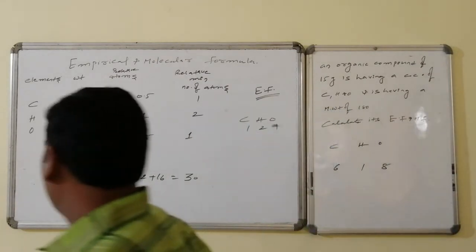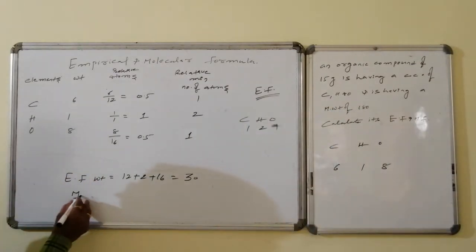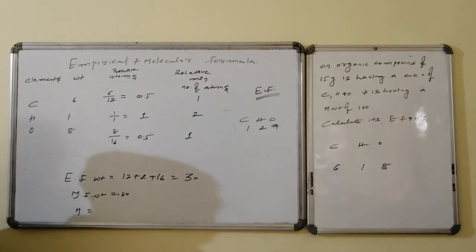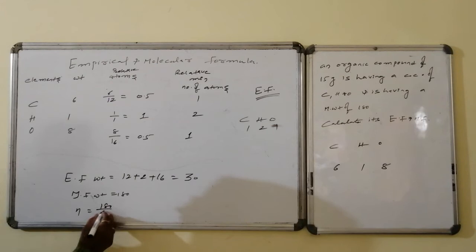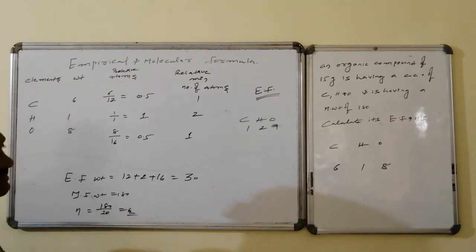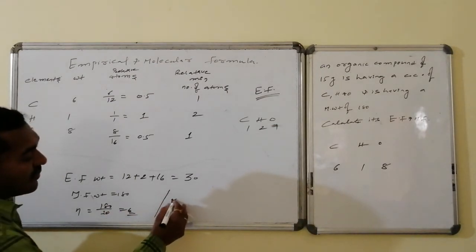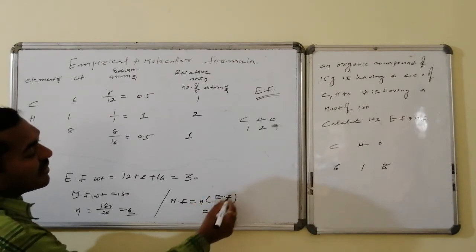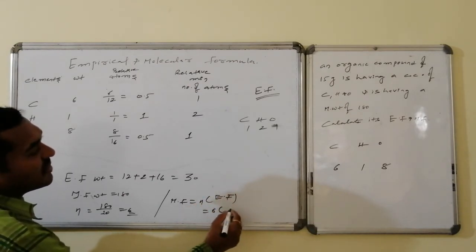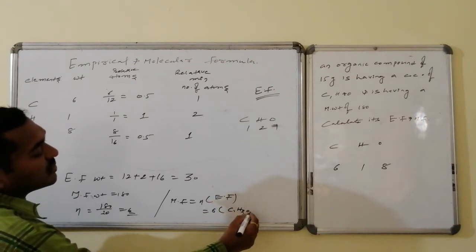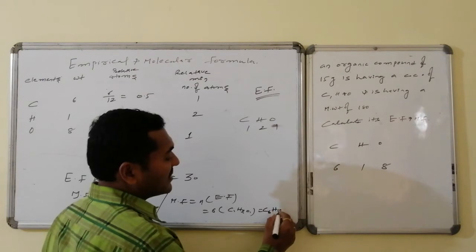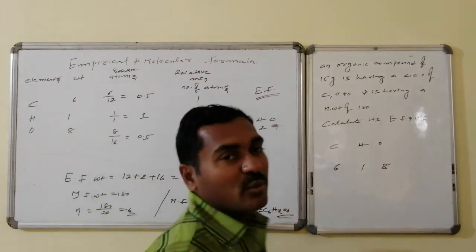So therefore the n value becomes equal to 180 by 30, which is 6. Hence the molecular formula can be given by n times the empirical formula, that is 6 times C1H2O1, which becomes C6H12O6, the molecular formula.